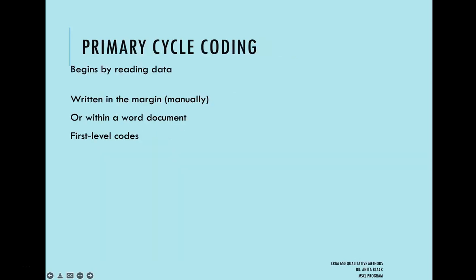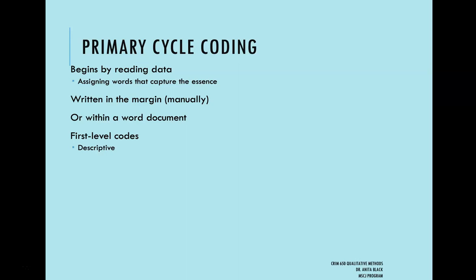Let's talk about the primary cycle coding. It begins by reading the data and assigning words that capture the essence of the data. So for instance, writing in the margin manually, adding notes, adding observations, or you can use a Word document where you are putting your data within the Word document, as well as adding notes and observations.